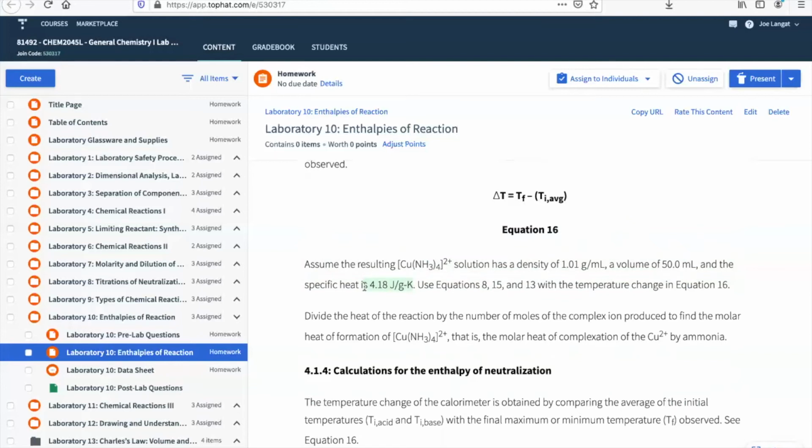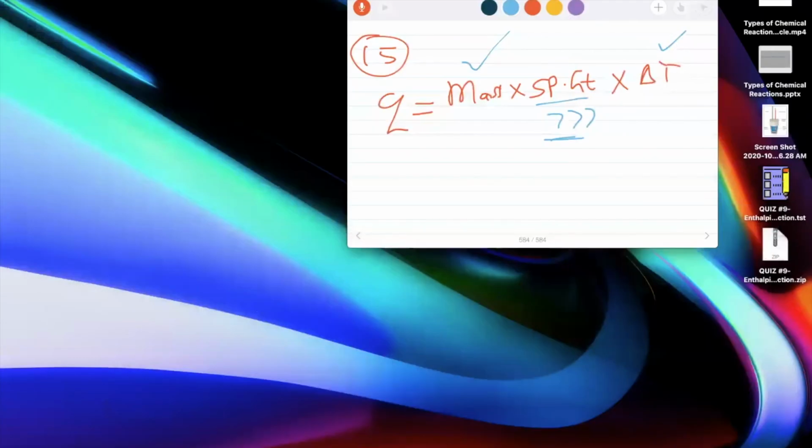If you don't read here, you'll be like, I need that. So I'm just helping you figure out what you will use. So 4.18, this is 4.18 joules per gram times degrees Celsius.